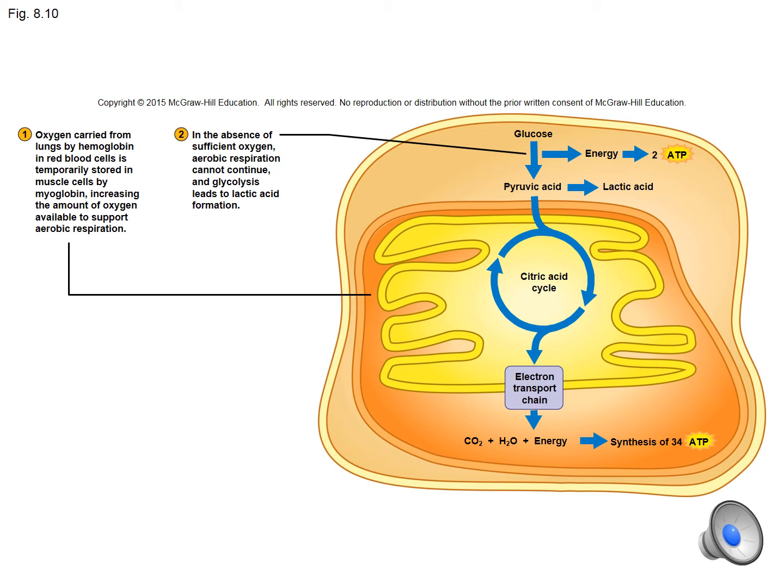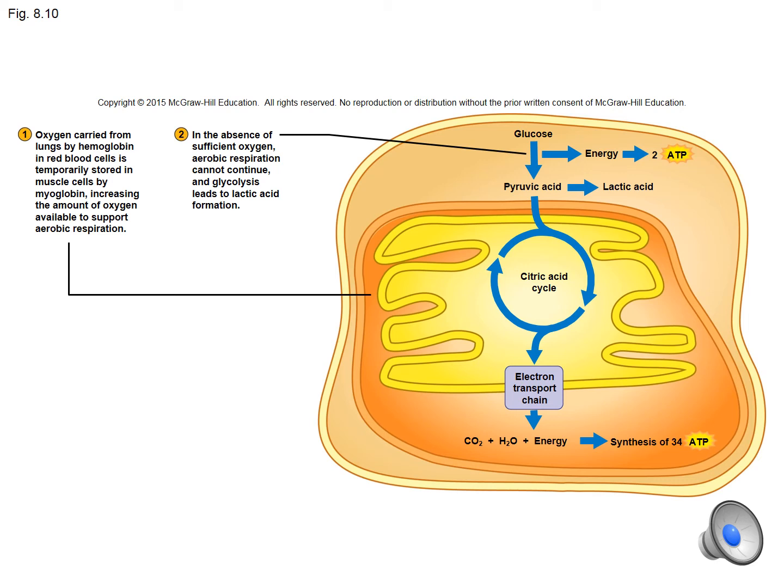Glycolysis on its own produces 2 ATP, but anaerobic respiration will not allow the citric acid cycle and the electron transport chain to happen, and so the end result will be lactic acid. If the cell does have enough oxygen to go through all three parts of cellular respiration, then we will make a lot more ATP, 34, and here it's saying 34, but again, it can be up to 38 molecules of ATP.